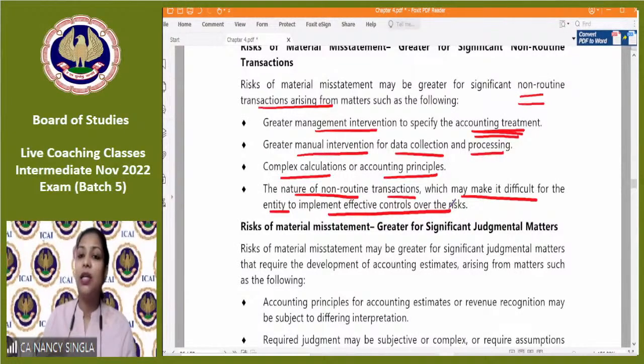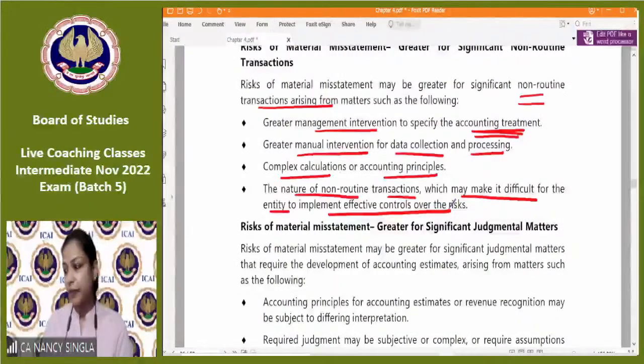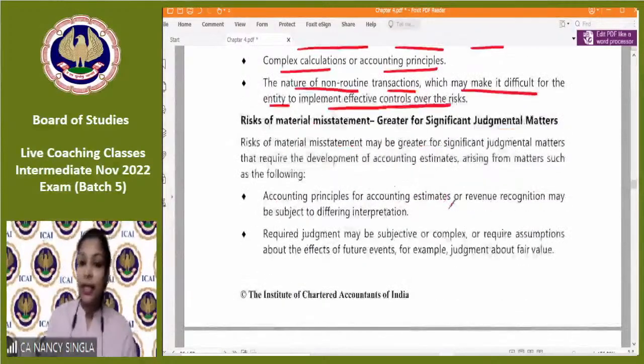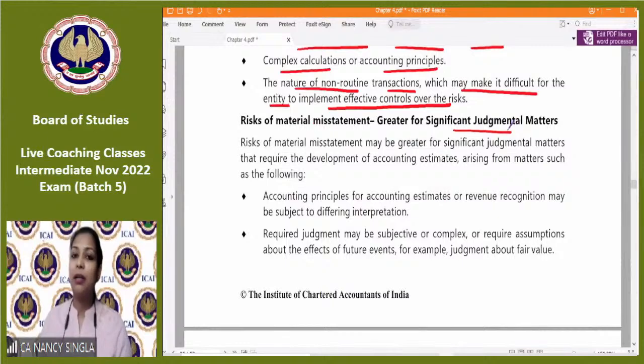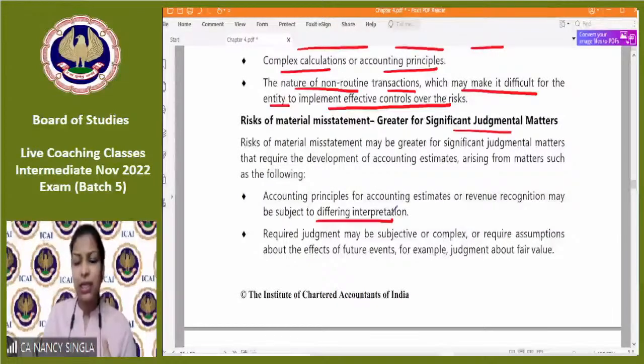The risk associated with unusual non-routine transactions becomes significant risk. Okay? Same way, significant judgmental matters. I gave the example of calculation of estimates. Since they have different interpretations, it might happen that there are two companies working in the same scenario, same situation, everything same. One company has made a provision for bad and doubtful debts at 10%. The other company has made it at 8% or 5%. So it is what?